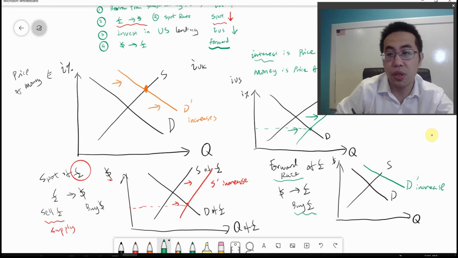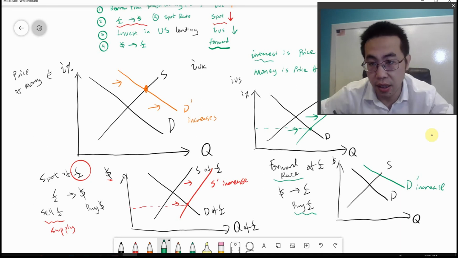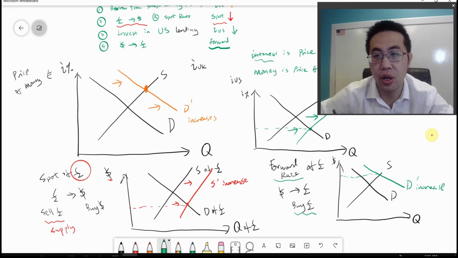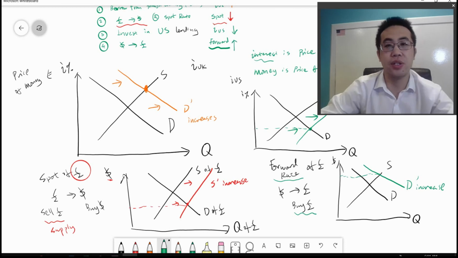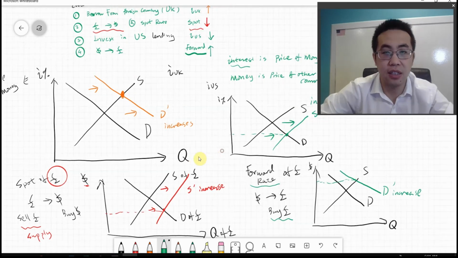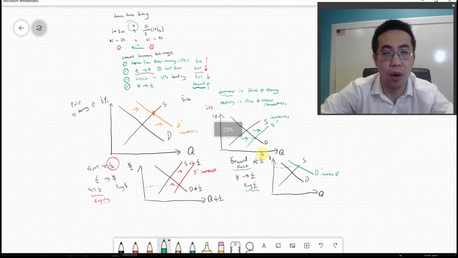So the result of increase of a demand would be the interest rate or the price of a pound reach a higher level. So what would happen to the forward rate? It would increase. Okay, it would increase. So this is how we conduct the demand and supply analysis in the forward market.